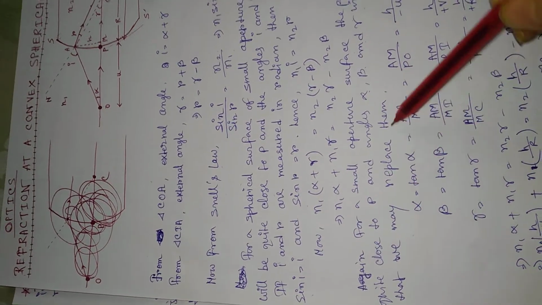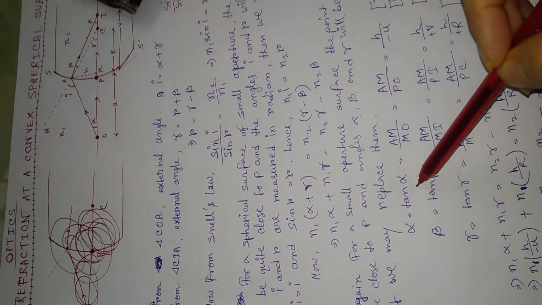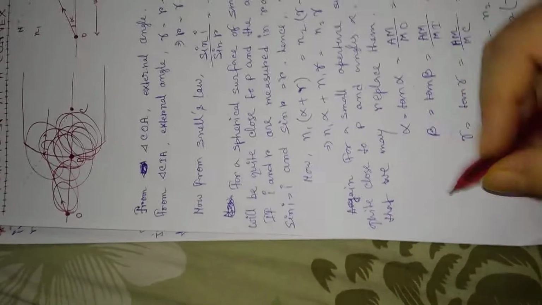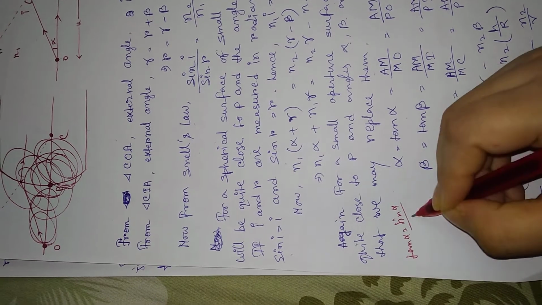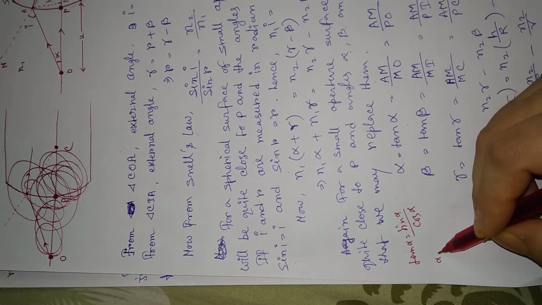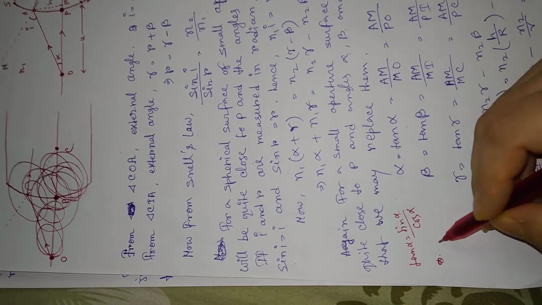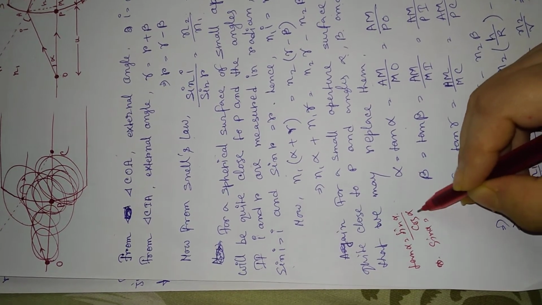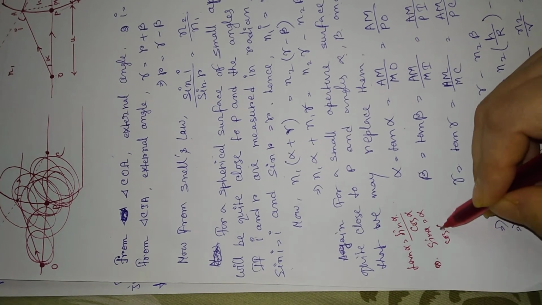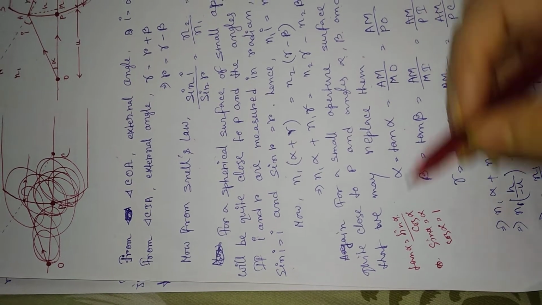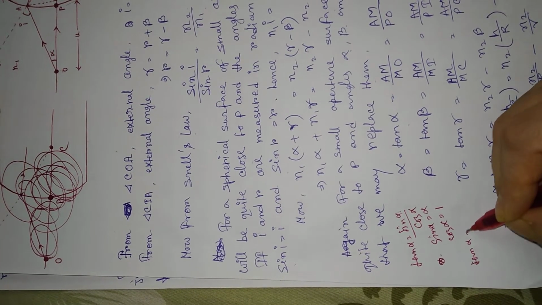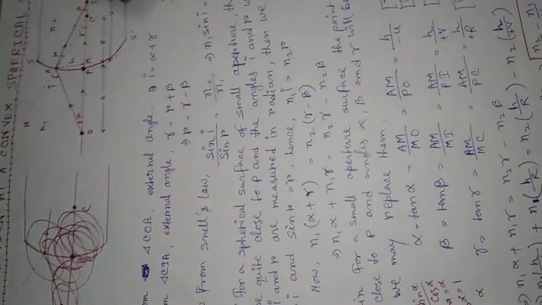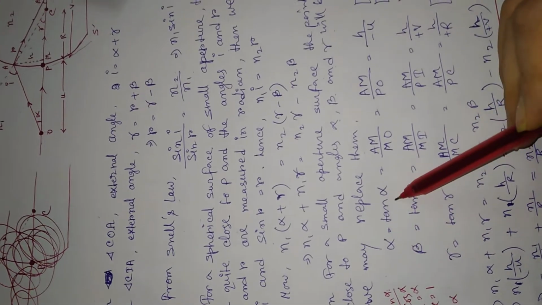So we may replace alpha with tan alpha. How? Because we know tan alpha equals sin alpha by cos alpha, right? For a very small angle alpha, sin alpha equals alpha and cos alpha equals 1. So we can write tan alpha equals alpha.